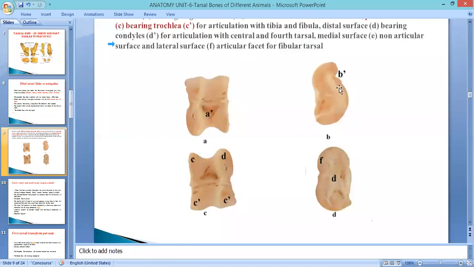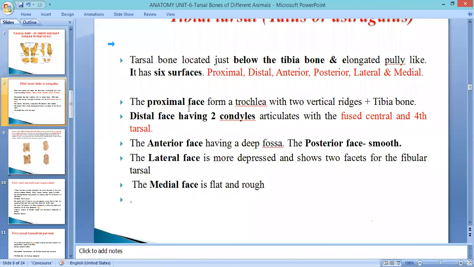It is smooth and concave in shape. So we completed 4 surfaces. Proximal has a trochlea formed by 2 ridges which come in contact with the tibia, distally 2 condyles come in contact with the central plus 4th tarsal, anterior has a deep fossa, and posterior is smooth.